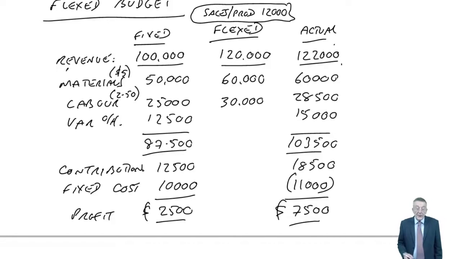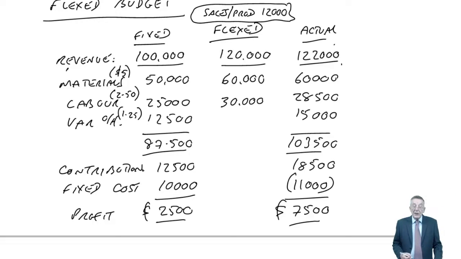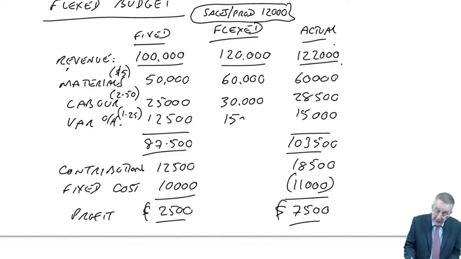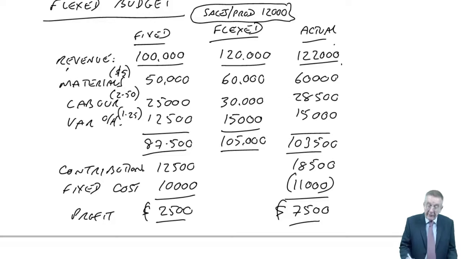With similarly variable overheads, the original budget was obviously $1.25 a unit. 12,000 units at $1.25, it flexes, it would be 15,000. And so for the actual level of production, the variable costs you would have expected to be 105,000. The contribution, therefore, 15,000.